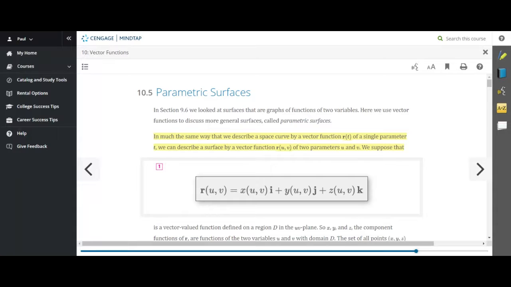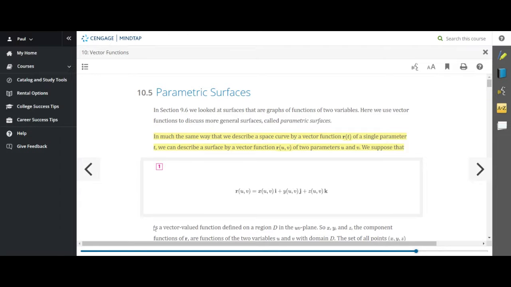So any space curve traced out in space can be written as a vector function of a single parameter. But if we want to trace out a surface in space, we can express it as a vector function of two parameters. And there's the format there in Formula 1. You notice that the x, y, and z components are functions of those parameters.